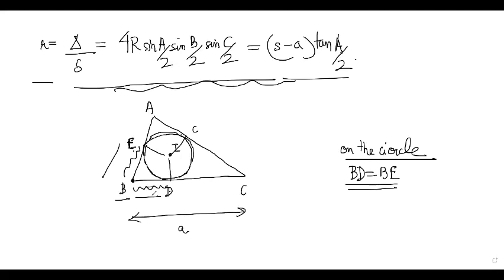From an external point, the two tangents that you draw to a circle will always be equal in length. That is another circle theorem. So once you get equal lengths here and here, you can also show equal lengths here and here. CD will be equal to CF, and similarly, AE will be equal to AF, right?